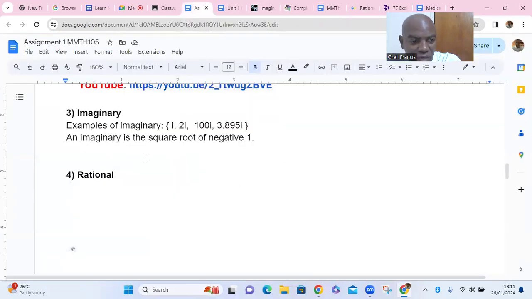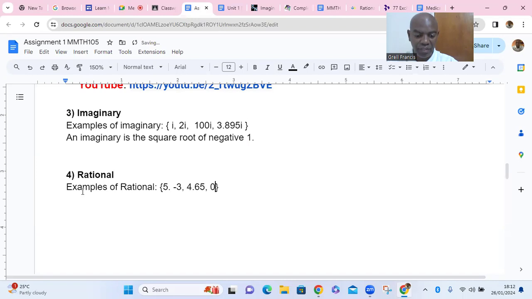So in terms of rational numbers, examples, not too many. 5 is a rational number, -3 is a rational number, 4.65 is a rational, that's a terminating decimal.